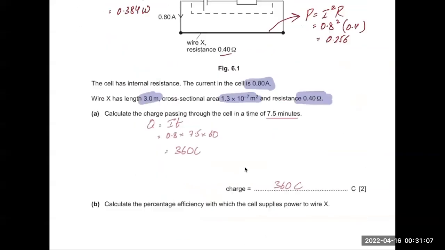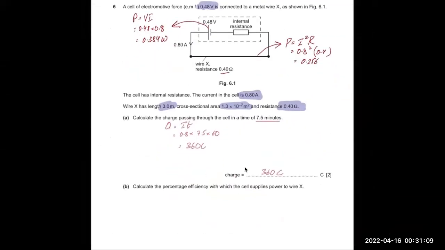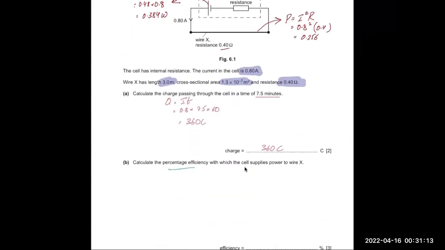Now for efficiency, what do you need? For percentage efficiency in this case, you need the output power, 0.256, upon the input power, 0.384, times 100. Output over input multiplied by 100, which is equal to 67%.